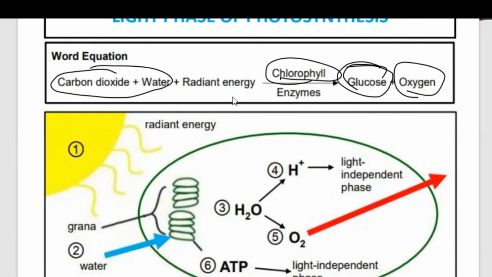So oxygen is regarded as a byproduct. It's not the major one, not the sole purpose of the process of photosynthesis. The process occurs because we have to produce glucose, but one of the byproducts of photosynthesis is oxygen, which is however very important to our life.